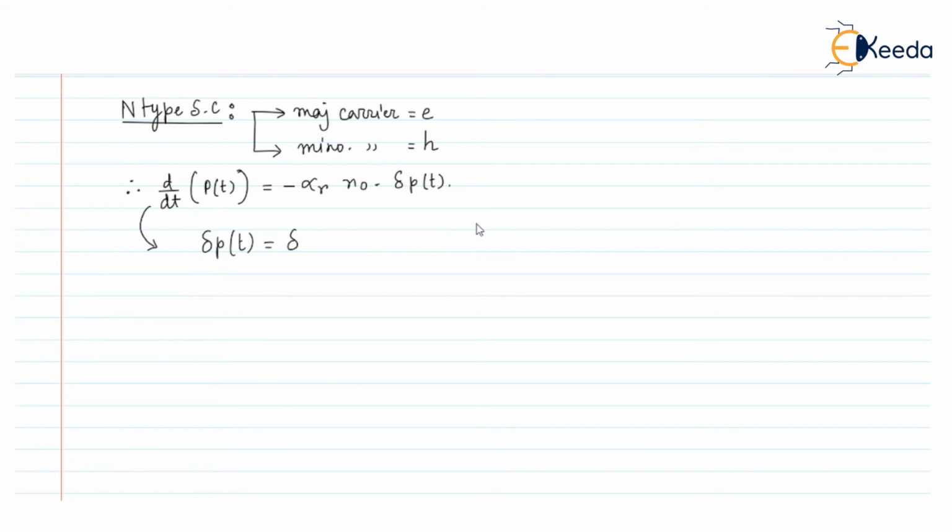Solving this equation, similarly we can find the value of del p with respect to time, that is del p at t equals to 0, that is del p0 e to the power minus t by tau p0, and this tau p0 is the excess hole lifetime, and it is equals to minus alpha r n0, that is the excess minority carrier lifetime.